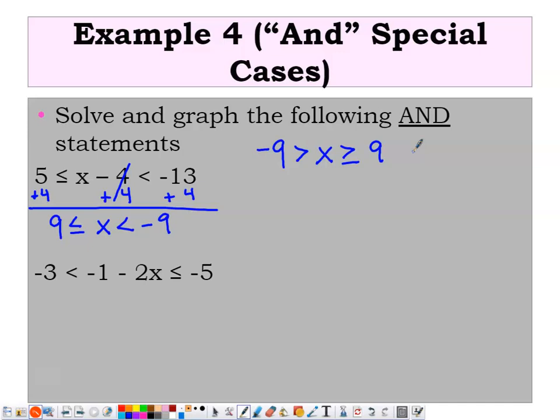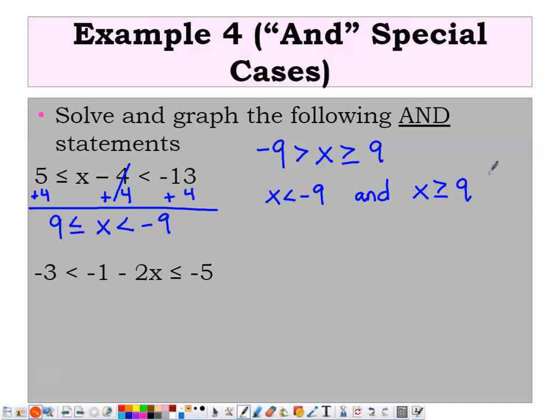Okay, so let's see if we can think this through. This is technically an AND statement, so I can break this apart. So we have x is less than negative 9 and x is greater than or equal to 9. Is there any number that satisfies that inequality?